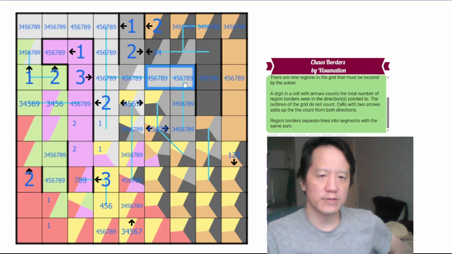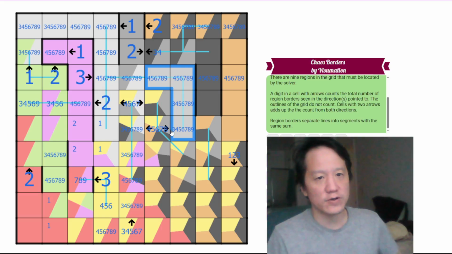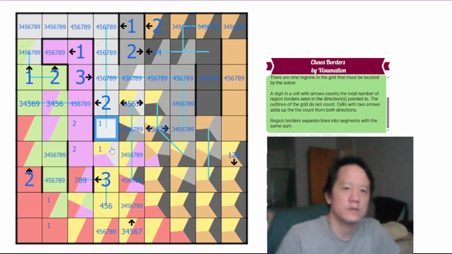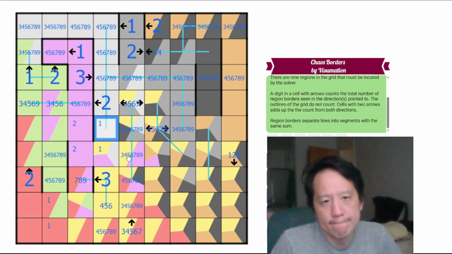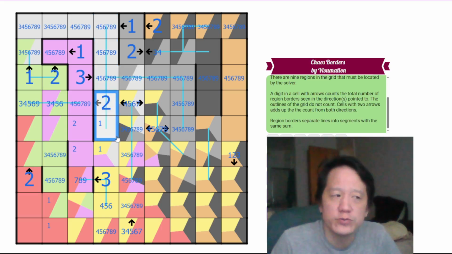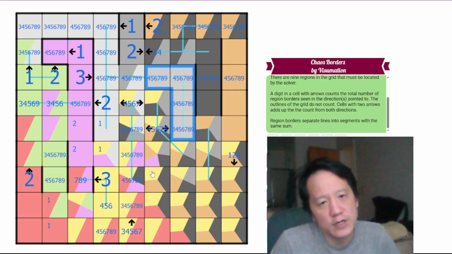This is at most 30. So this could very well be here. It could be 1, 4, 5, 6, 7. So 4, 5, 6, 7 would be 22. Plus 1 and 2 would be 25. And that could add up with 4 digits. That would be fine.